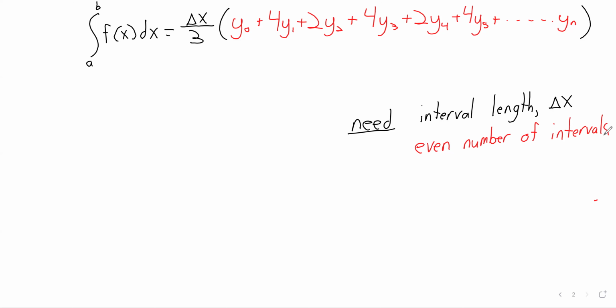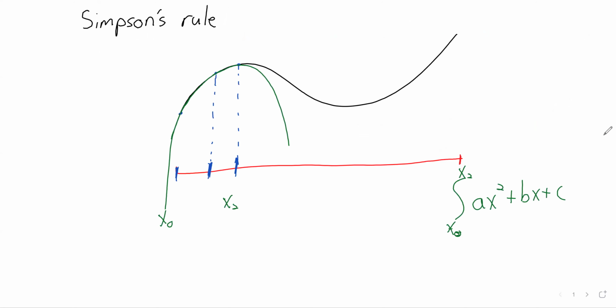With Simpson's rule, we need an even number of intervals. And that should be pretty apparent just looking at how this rule works. 2 intervals to get the 3 points we need to fit the polynomial.